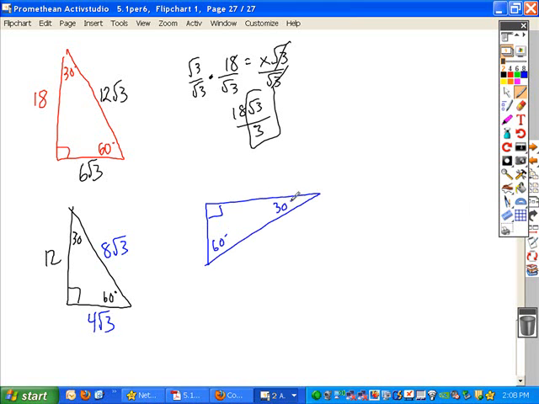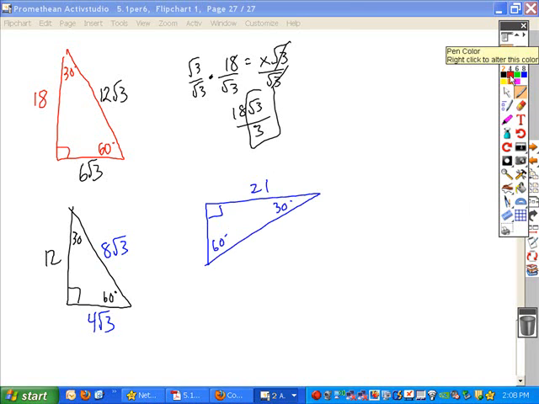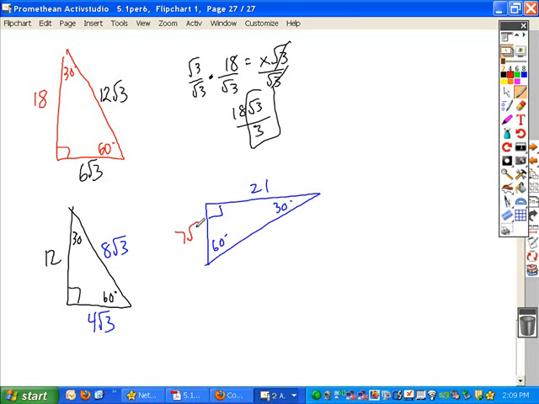So again, final example of this. If the side opposite 60 degrees is 21, that means the length opposite the 30 degree angle would be divide by 3, multiply by root 3, 7 root 3, and then double that to get your hypotenuse.